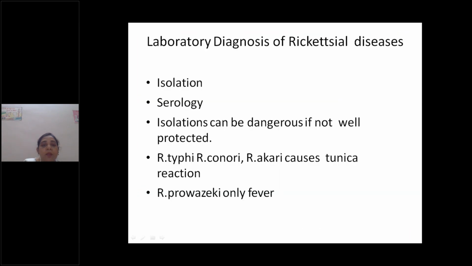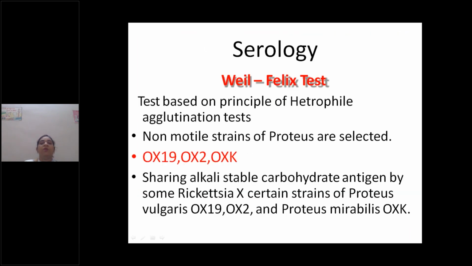Okay. Next one, serology. Weil-Felix test. This is a very important question. For you, 4 marks or 2 marks, this will come. The test is based on the principle of heterophile agglutination. Non-motile strains of Proteus are selected, and Proteus strains OX19, OX2, and OXK are usually used.